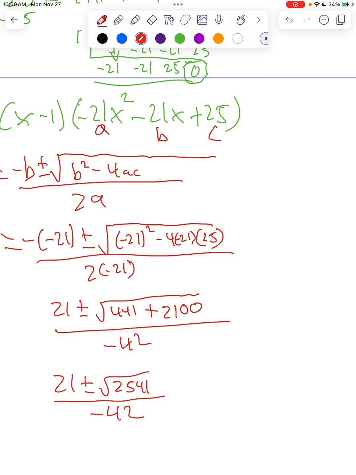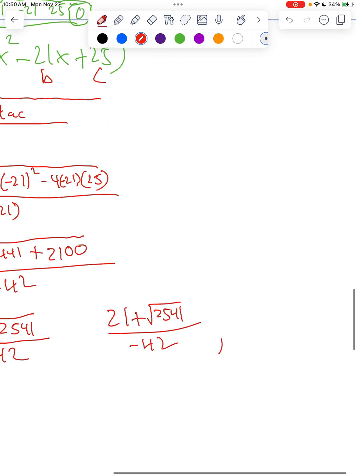I don't think off the top of my head that we can simplify that too much, so I'm just going to leave it like this. I'm going to split up my two answers: 21 plus the square root of 2,541 over negative 42, and 21 minus the square root of 2,541 over negative 42.